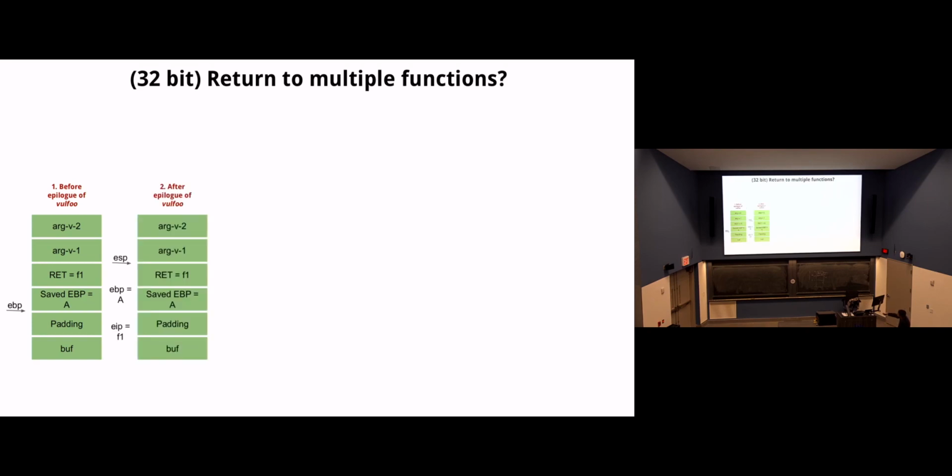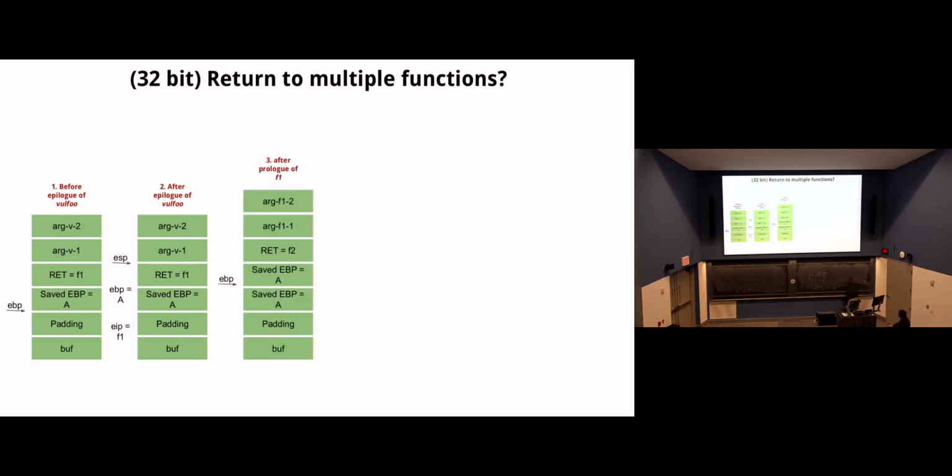Then after valfoo returns, so this is actually after the epilogue, this will be at the beginning of f1. The stack will look like this. So for f1, ESP will point to 4 bytes higher, which means at this address you can put f2's address there.